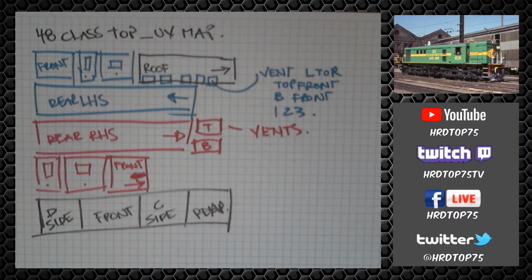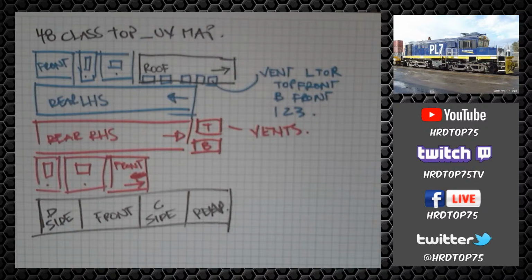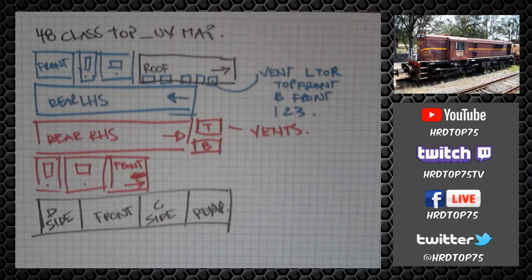Obviously that cab roof, which is going to be that part there. We're going to grab that. That's going to take priority. We'll put that there, somewhere. I think there was just like painted vinyl on the roof from memory.